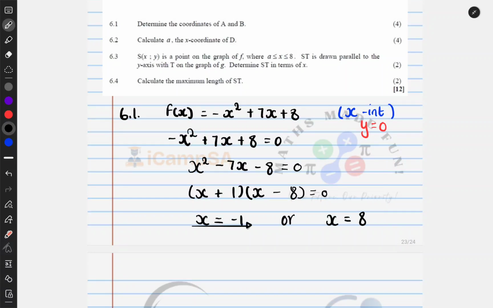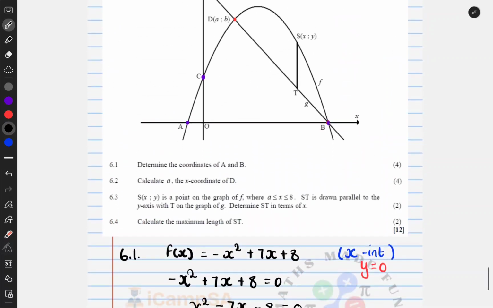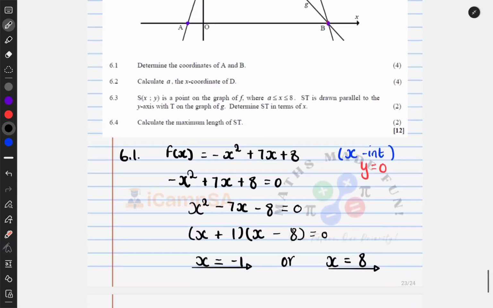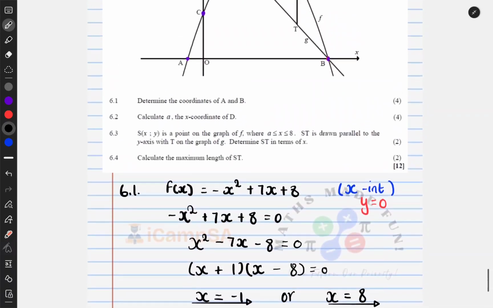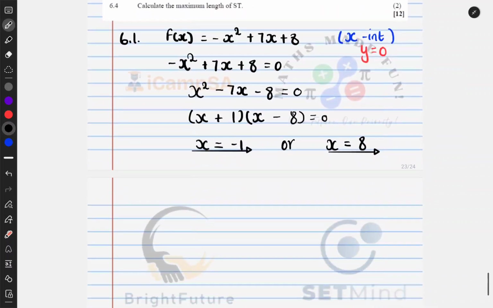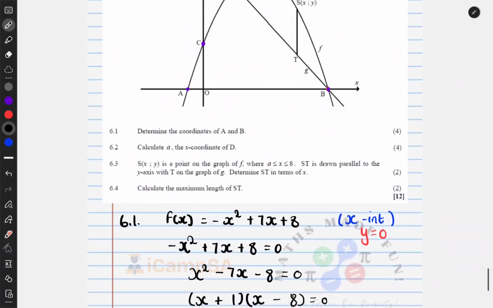From there we can see that the -1 will be the coordinates of A, since it's to the left of the y-axis, and the 8 is for B. So let's properly write that. A is (-1; 0) and B is (8; 0). So that is your 6.1.